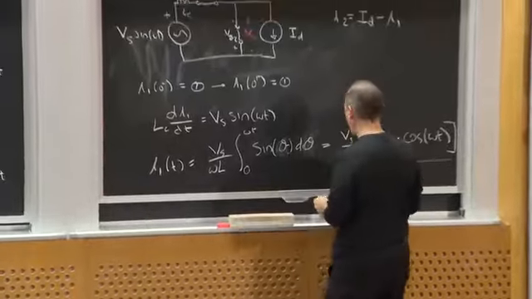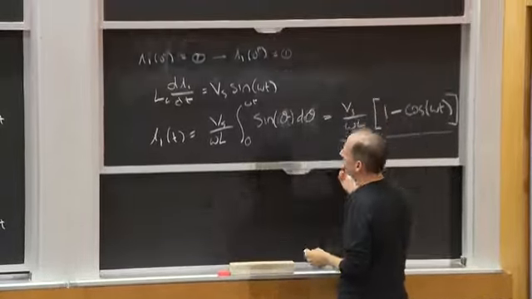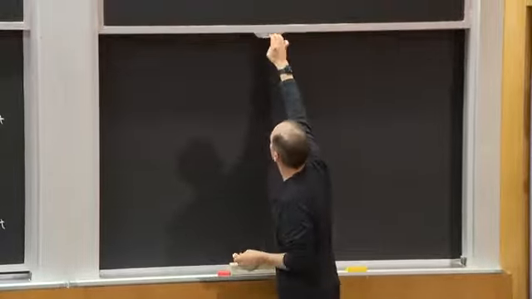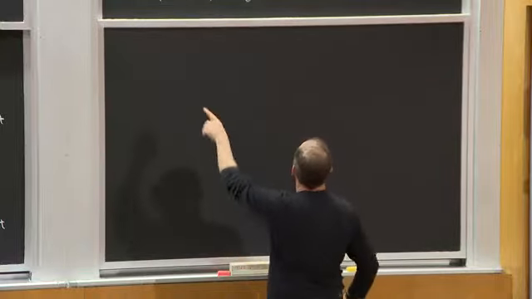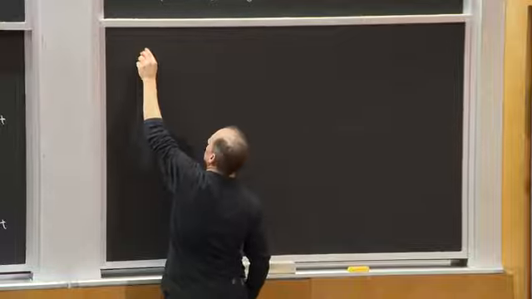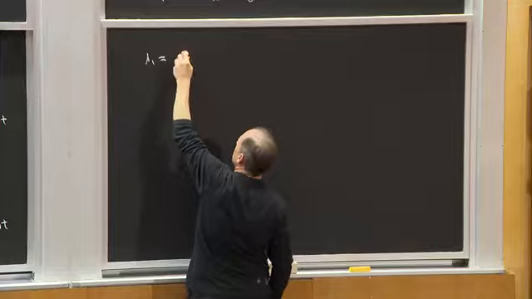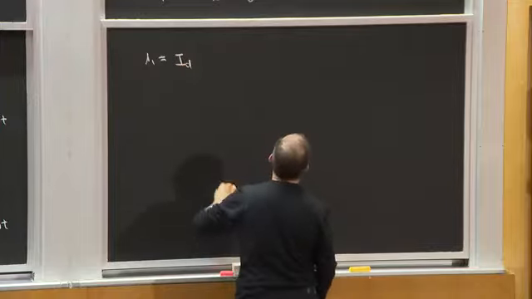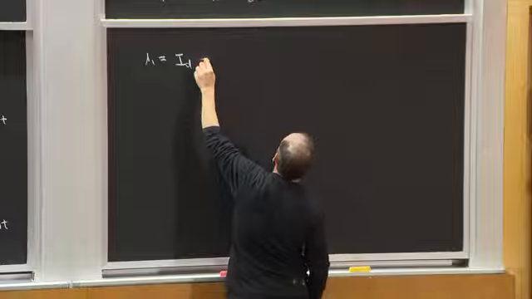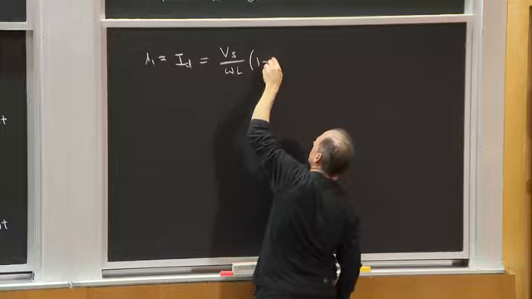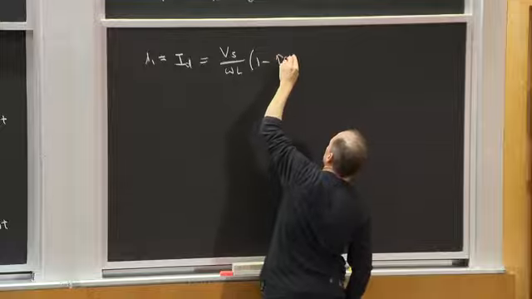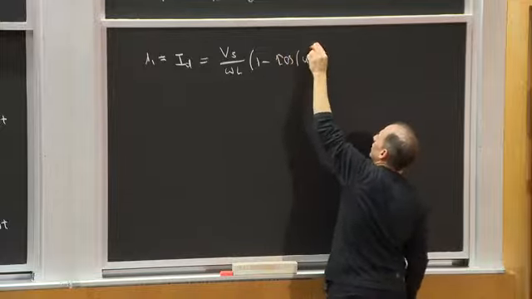Well, how can I find that time? I can find that time by a simple integral, right? I can say, okay, what do I know? I know that I1 of t equals ID, that's when this happens, and that's equal to Vs over omega L times 1 minus cosine of u, okay?